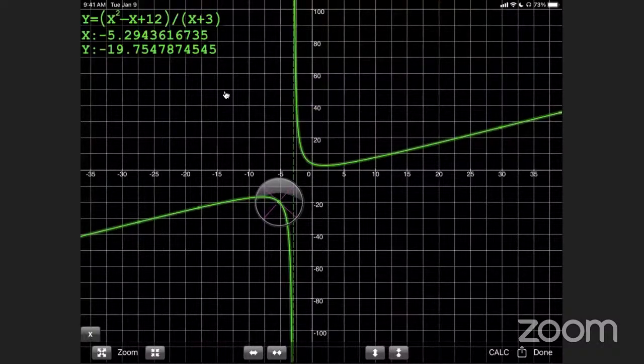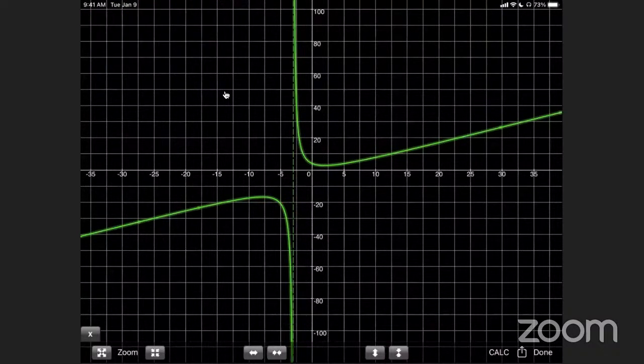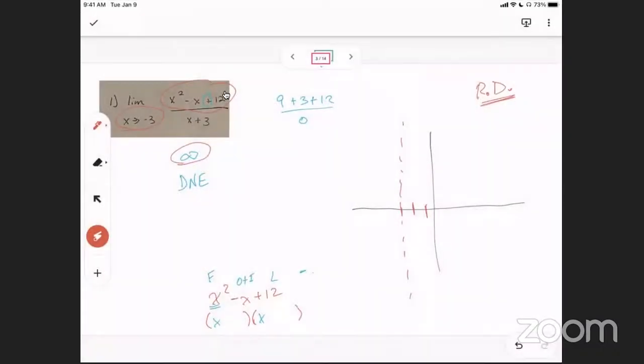But if you're approaching it from the left side, those are getting smaller and smaller, approaching negative infinity. So actually it's not going to be infinity, it's going to be does not exist. The limit does not exist because it's approaching like this, and like this, and it's doing some sort of crazy slant asymptote. Okay, that makes sense.